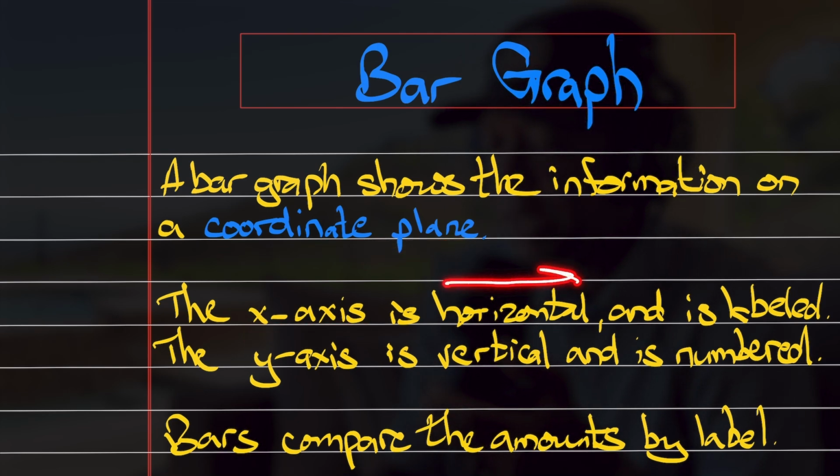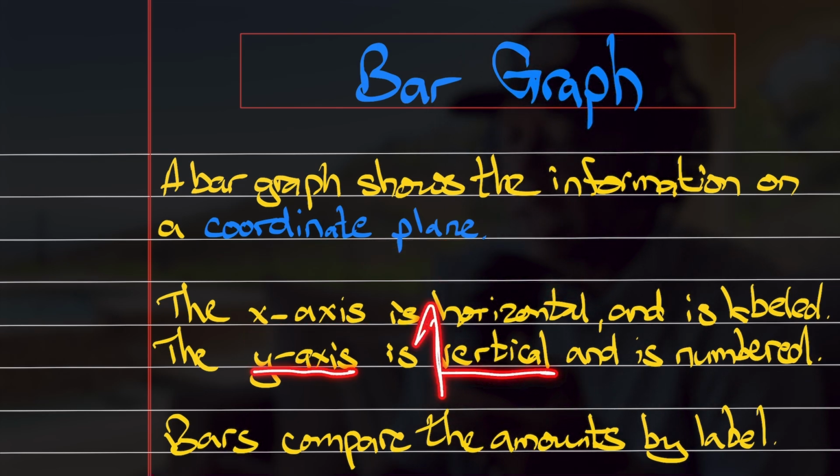So it's a two-dimensional coordinate plane, and the bars compare the amounts by label. Wait a second. I said in a coordinate plane, you've got the x-axis that's horizontal and the y-axis that's vertical, and along the x-axis you normally have labels, and along the y-axis you normally have numbers.